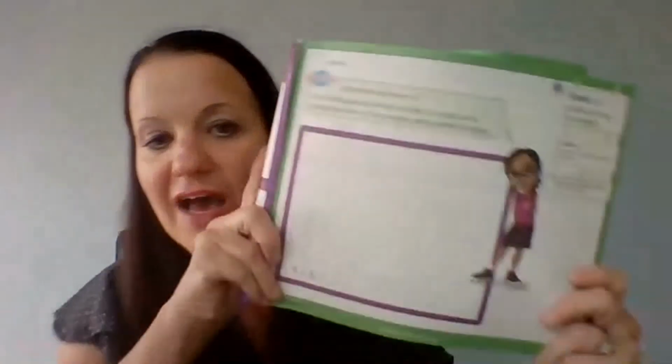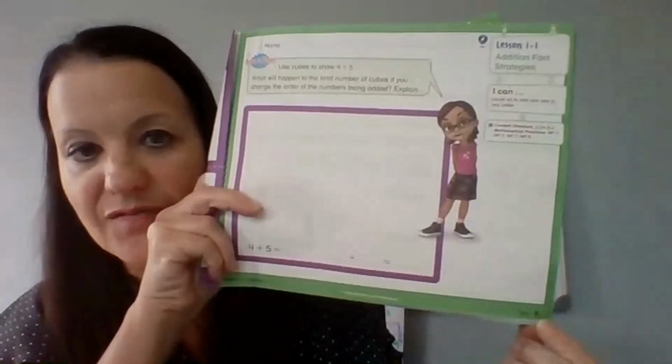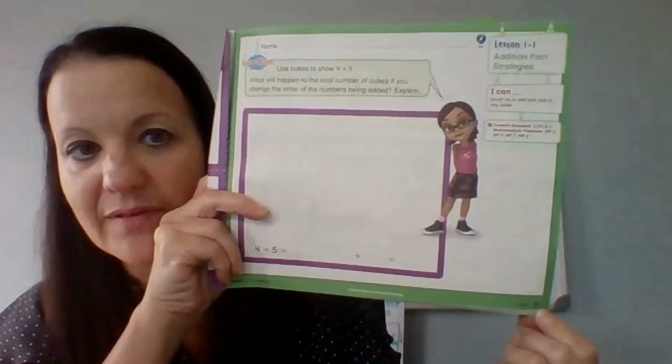And I need a pencil for now. And I need you to turn to page 5. Page 5, okay? That's what you're going to do now. All right, and I think we are ready to get started with our math lesson.